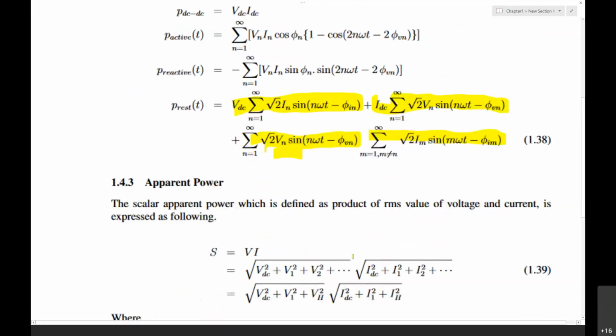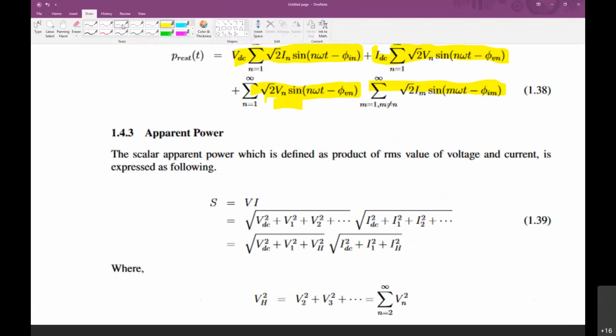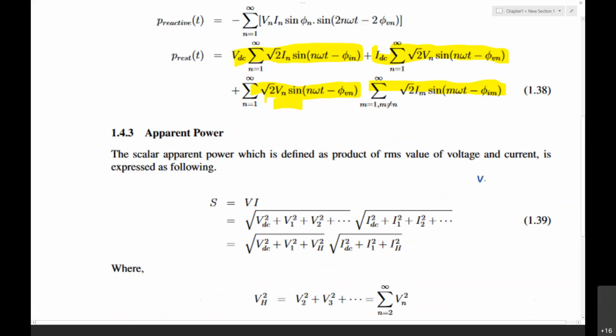If you see the apparent power, it is very easy. We can find it very easily. For any kind of signal, finding the RMS value is very easy. Once you find the fundamental frequency, then we can find the RMS value of any signal.